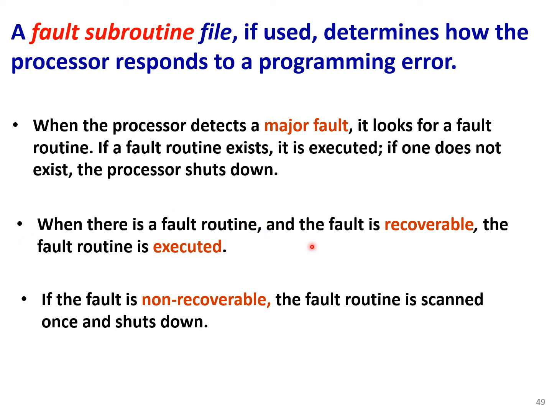When there is a fault routine and the fault is recoverable, the fault routine is executed. If the fault is non-recoverable, the fault routine is scanned once and shuts down. So sometimes when there is a fault subroutine, that fault subroutine could recover the fault.